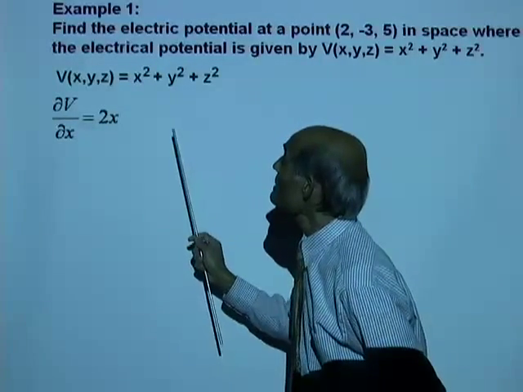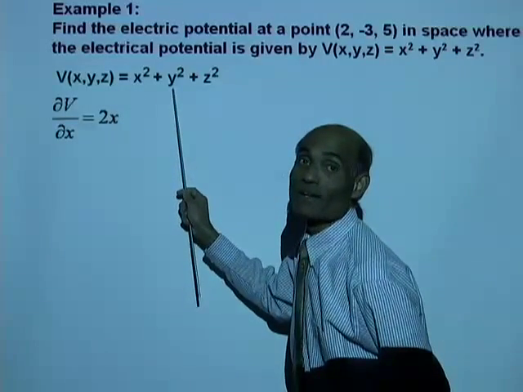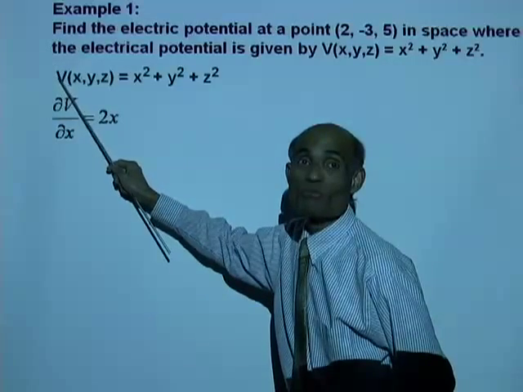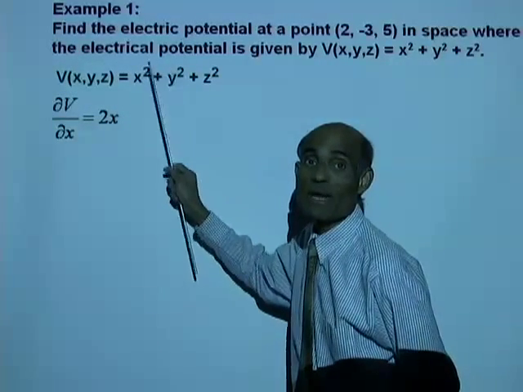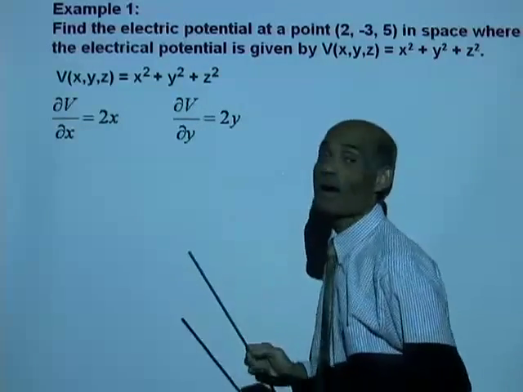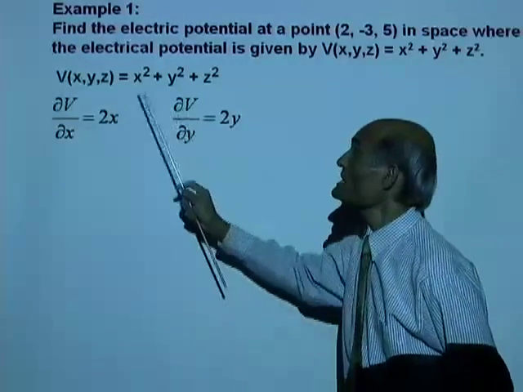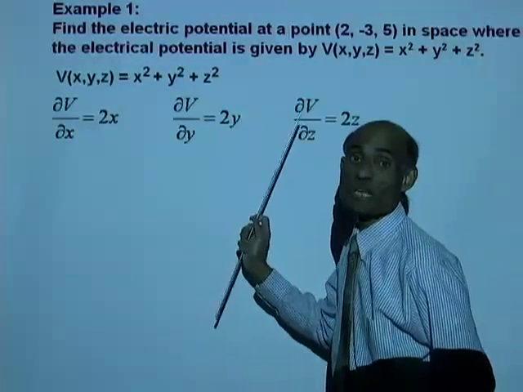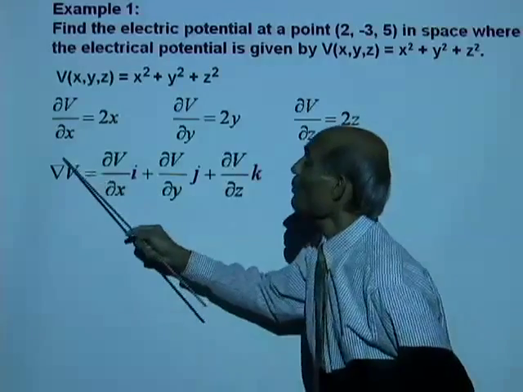Alright, what is ∂V/∂y? It will be 2y. When you want to take the derivative of V with respect to y, x and z will be constant. What is ∂V/∂z? That will be 2z.